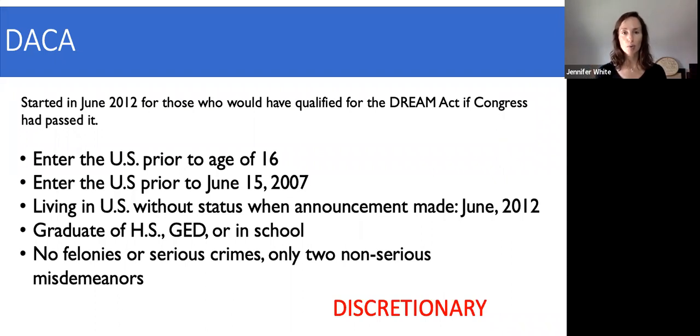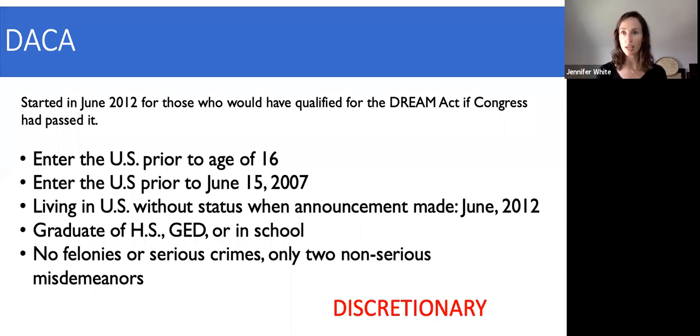For example, I represented someone once who had a trespassing charge, not a trespassing conviction, just a charge. So she actually was not barred under the criminal bars as they exist here. She wasn't barred from getting DACA, but the government still denied her case because it was discretionary, and they didn't like that there was a trespassing charge on her record.